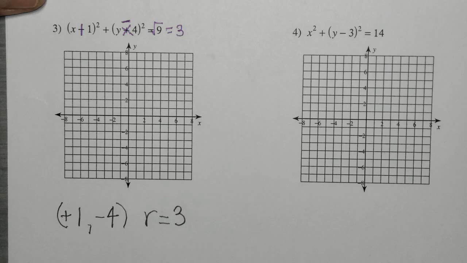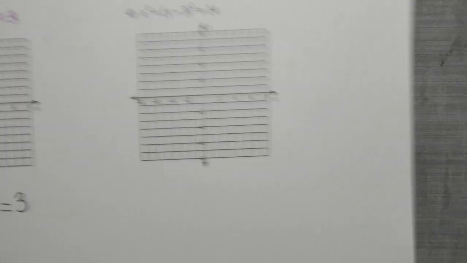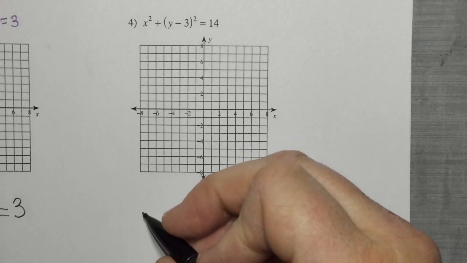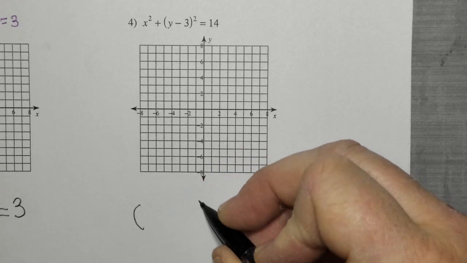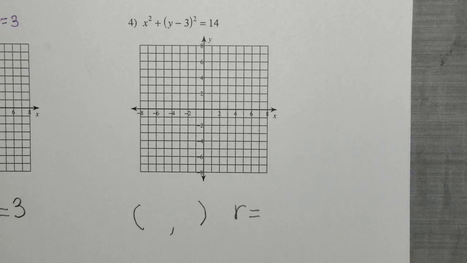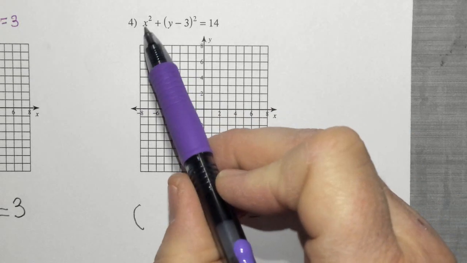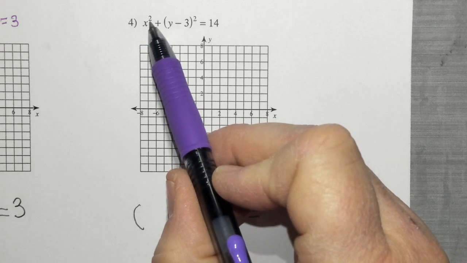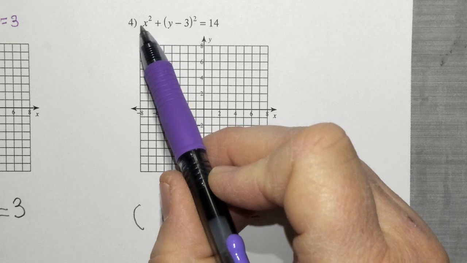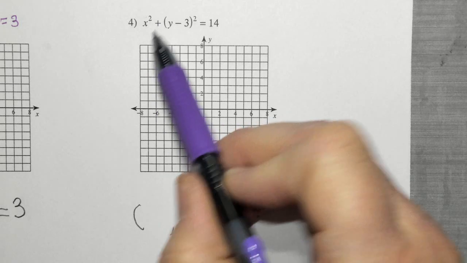All right, last one, number 4. This is an interesting one, so let's go ahead and get it ready. Radius equals. Now, remember when we just put x to the second power, that's because there was a 0 in the coordinate. X means there's no number.